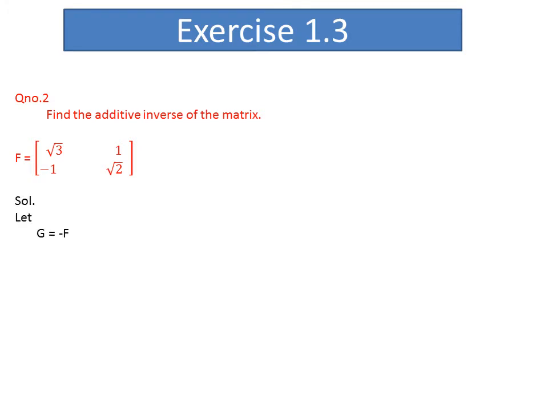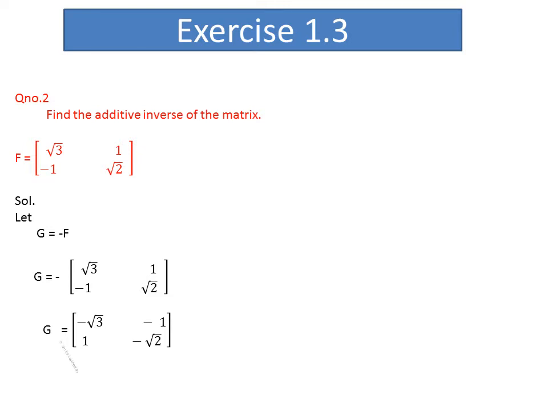For example, we take the matrix G, which is equal to the negative of the given matrix F. Now we will write G equal to minus elements of the matrix F. Here, minus is multiplied with each element of the matrix F, which will give us the elements minus under root 3, minus 1, 1 and minus under root 2. So we can say that G is the additive inverse of matrix F.